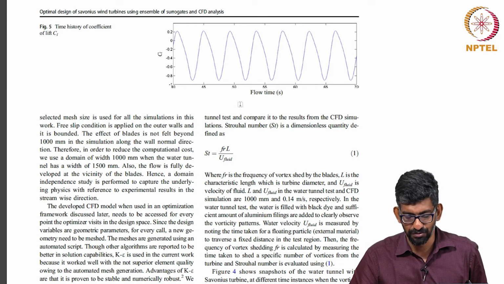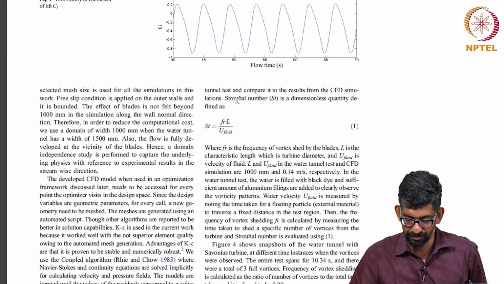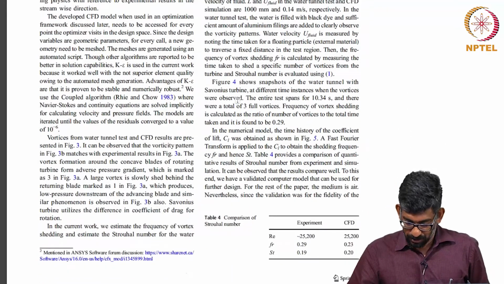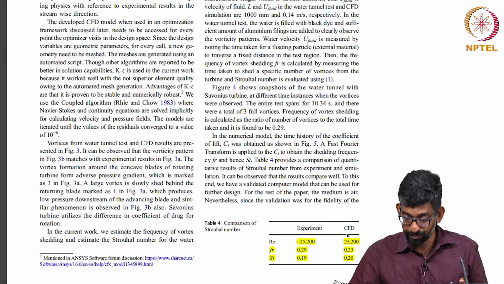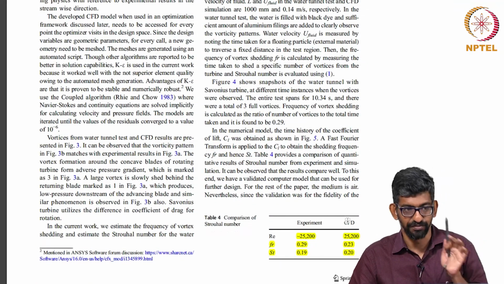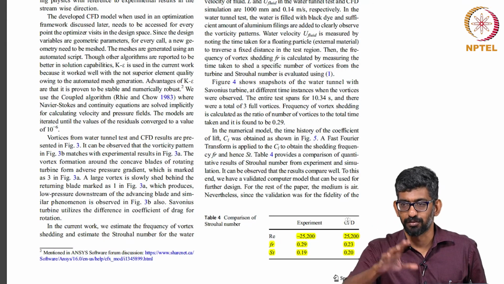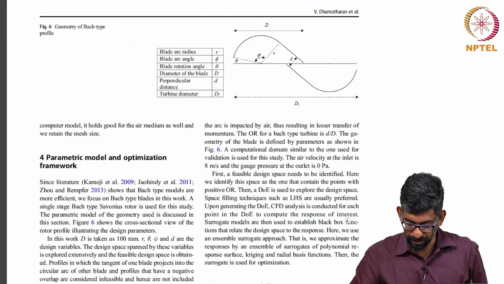Using the Strouhal number, you can come up with the coefficient of lift. So, we look at the experiment and find out what the Strouhal number is for both the experiment and the CFD. That is the first part. You first validate your computer model with respect to the experimental model.